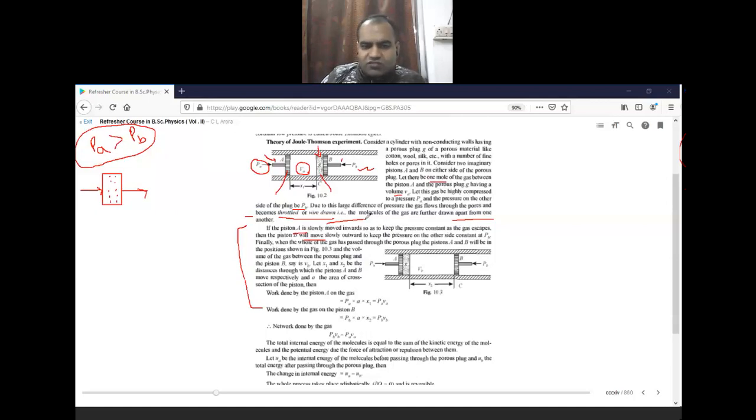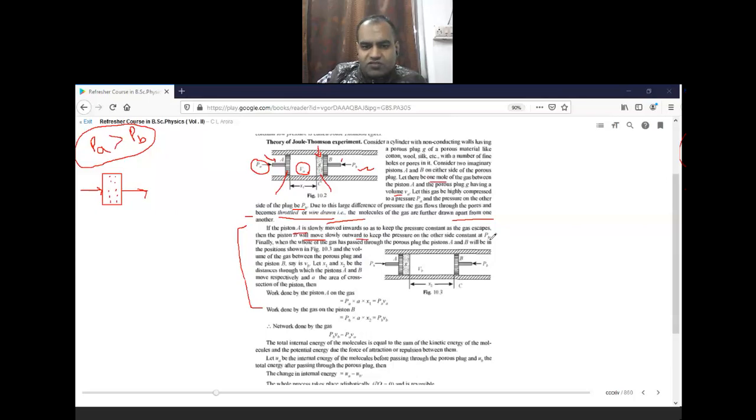You cannot all of a sudden come and press the piston. No, it is not like this. The piston has to be moved very slowly. Why do we need this? We need this in order to maintain a constant pressure PA on the gas.